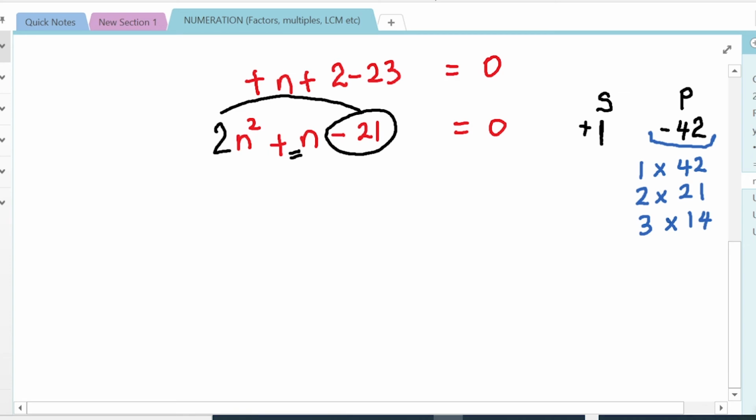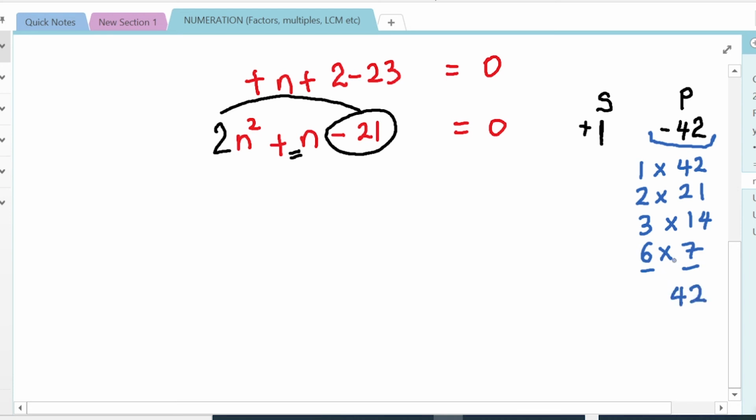Then I think 4 does not fit in there, 5 won't fit in there. We have 6 times 7 here. So 6 times 7 will give us 42.